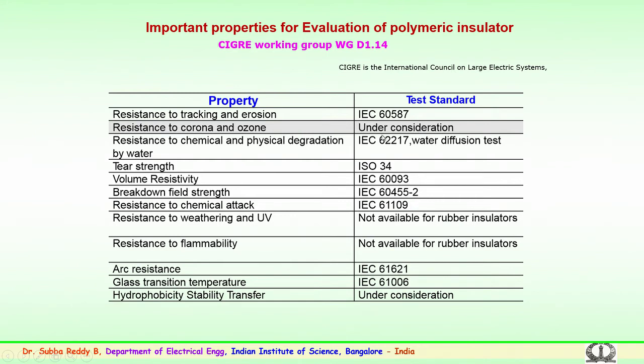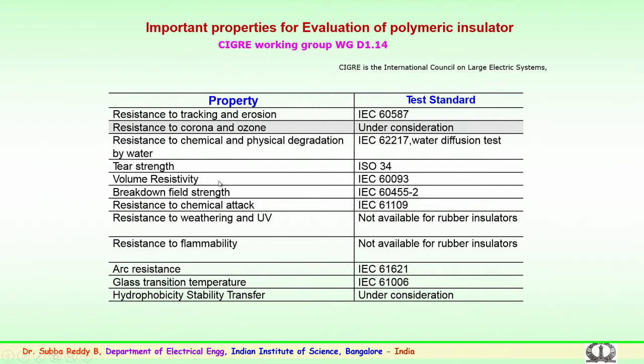So, the standard has to come up. The CIGRE working group is working towards the standardization of this procedure. Similarly, resistance to chemical and physical degradation by water is standardized, where IEC 62217 clearly explains the water diffusion test for the polymer materials.